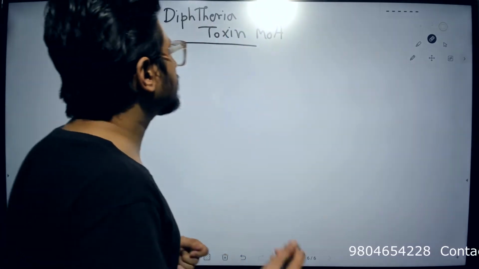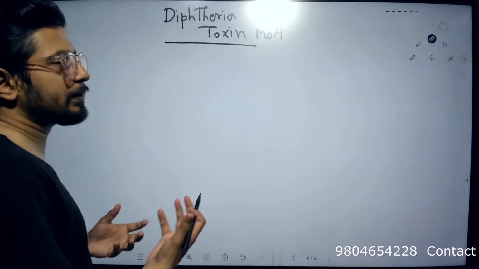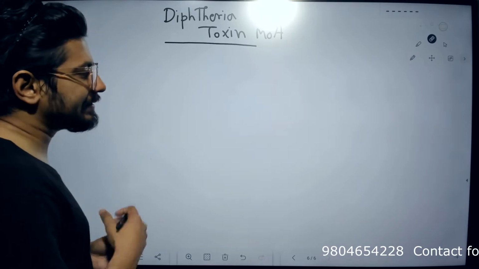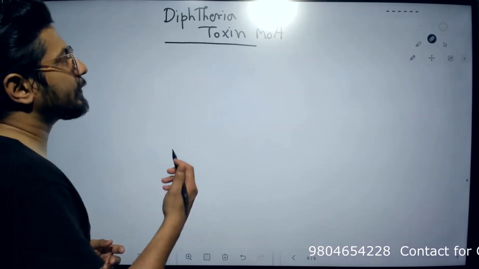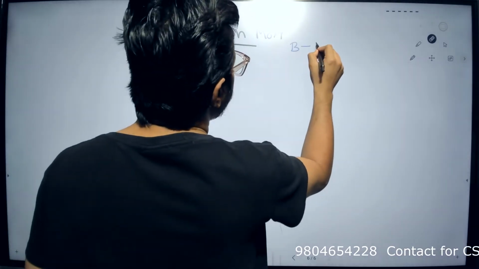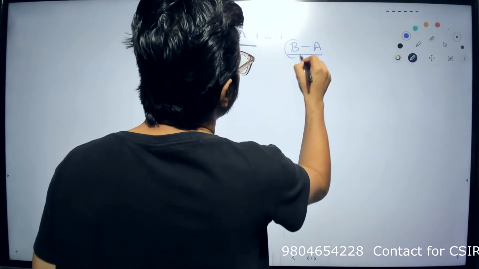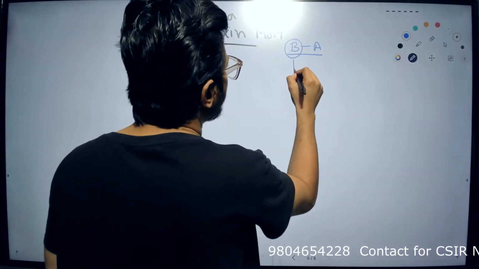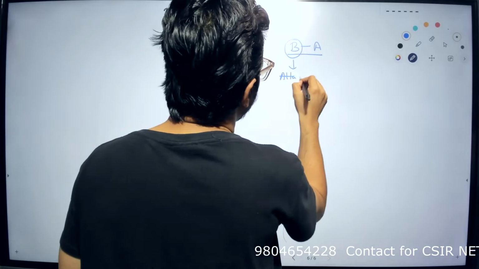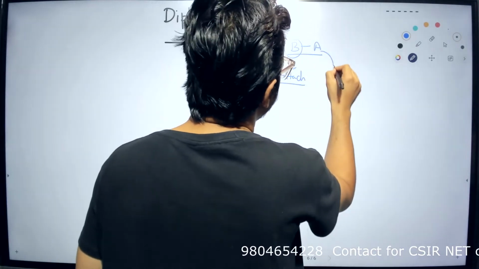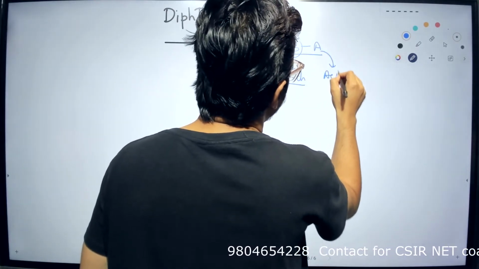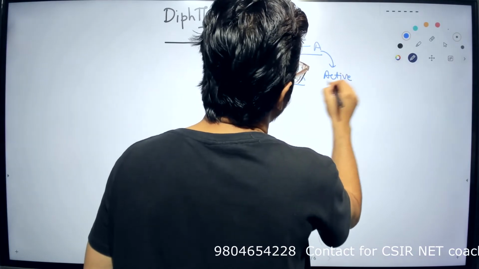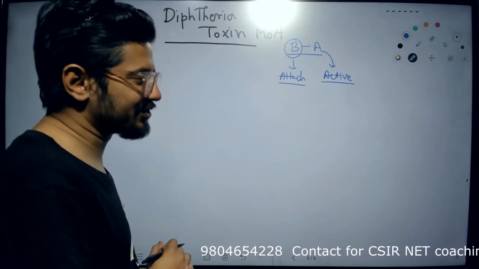Now, exotoxins are by definition bipartite in nature and they have two separate units, B unit and A unit. The B unit helps this exotoxin to attach to the host cell surface and the A unit helps them provide the particular response.